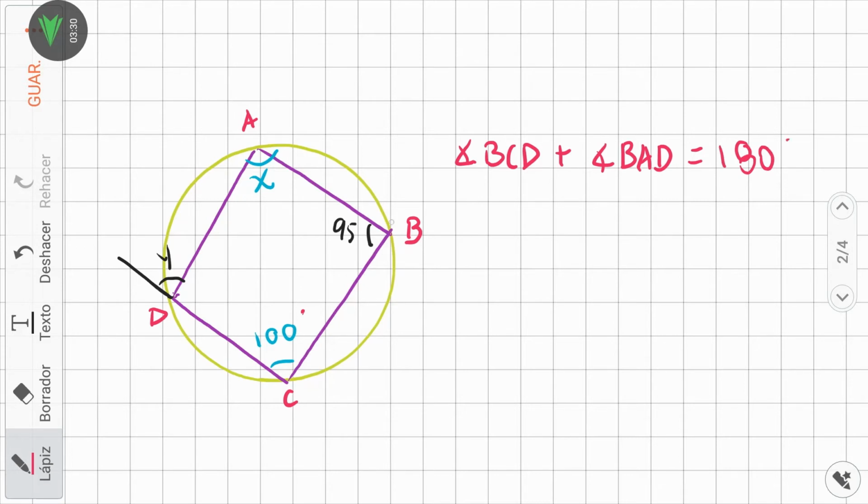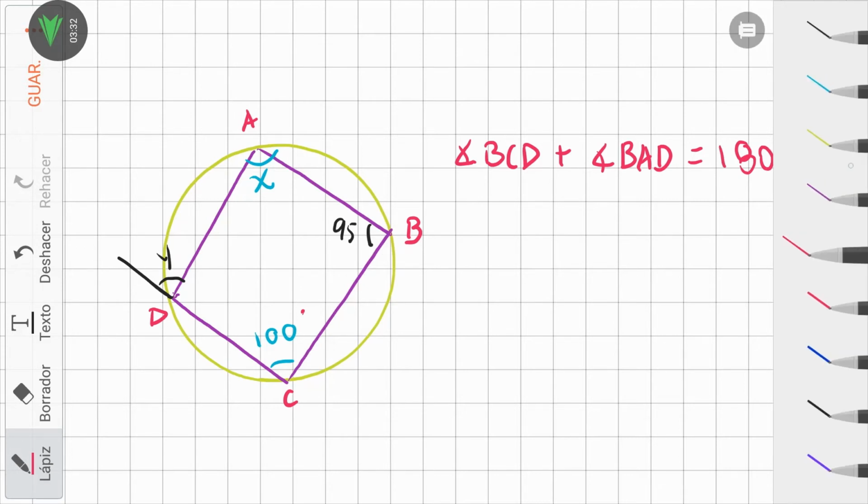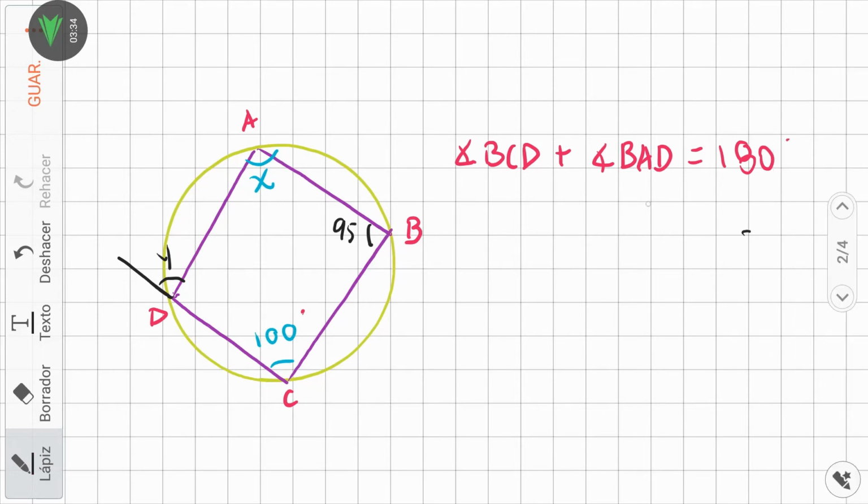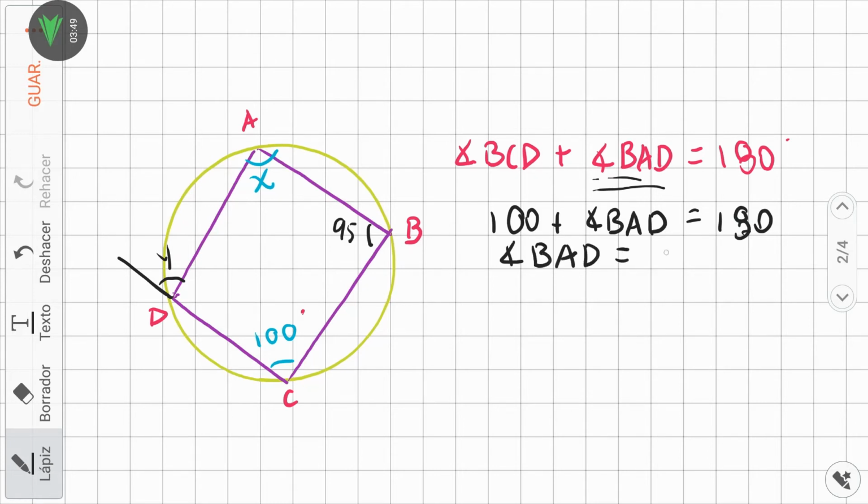And since BCD measures 100, let's just solve for the remaining angle, which is BAD. So 100 plus the angle BAD equals 180. Therefore, the angle BAD equals 80 degrees. So the value of x will be equal to 80 degrees. Let's write it right here, 80 degrees.